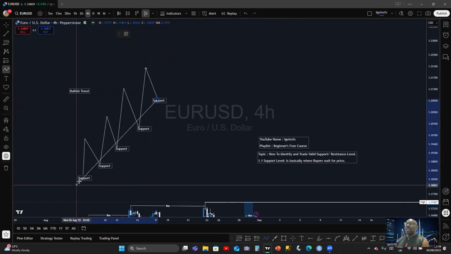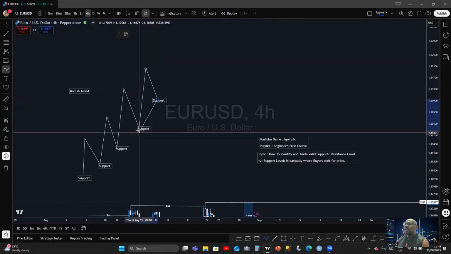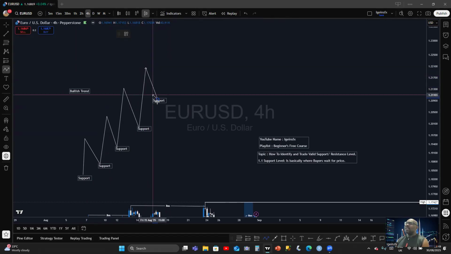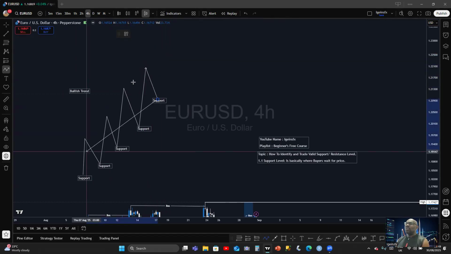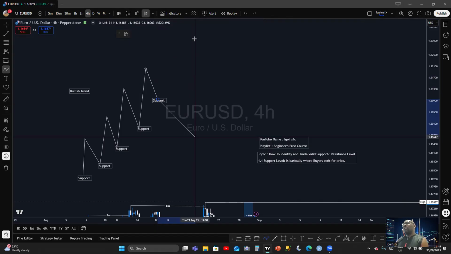But there will always be a time where there will be an increase in price, decrease in price, increase in price, decrease in price, in between the uptrend. The same thing happens if you are in a bearish trend. There will be a decrease in price, increase in price, decrease in price, increase in price.